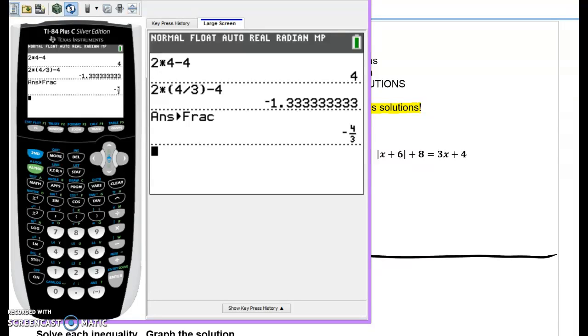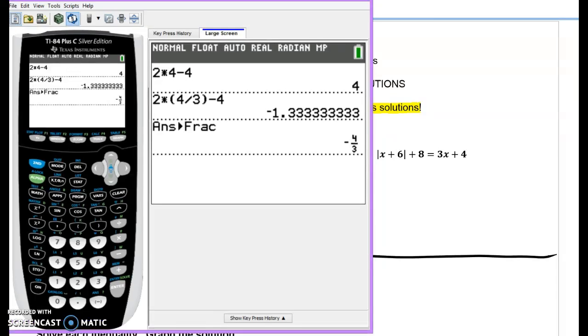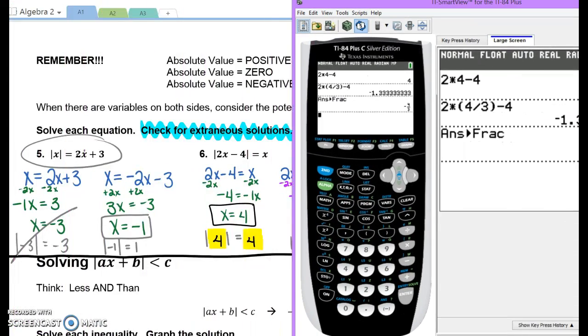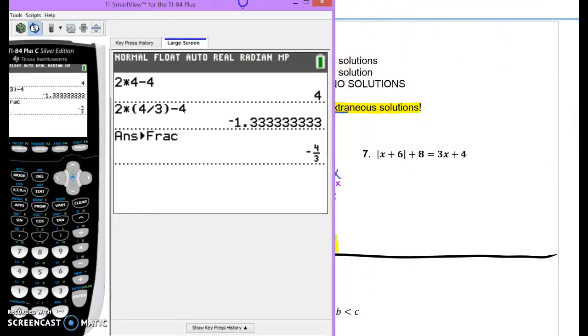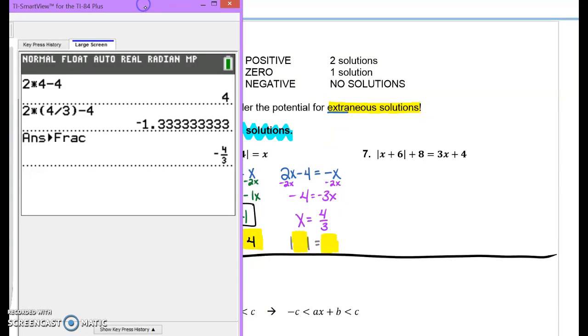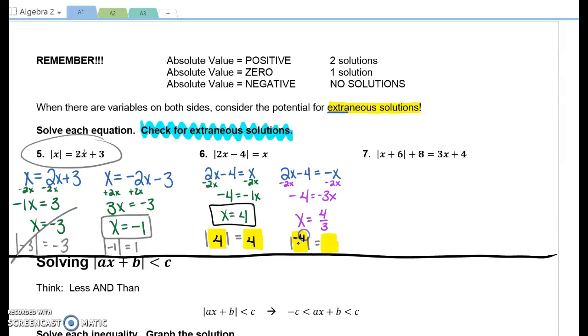I did 2 times 4/3 minus 4, and I got this, which is the decimal -4/3. So the inside of my absolute value bars should be -4/3. And x is +4/3. Does the absolute value of -4/3 equal +4/3? Yes, it does. So that is also a solution.